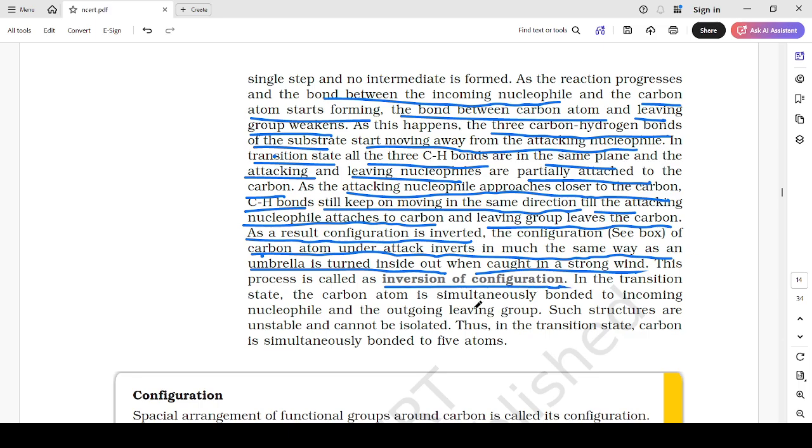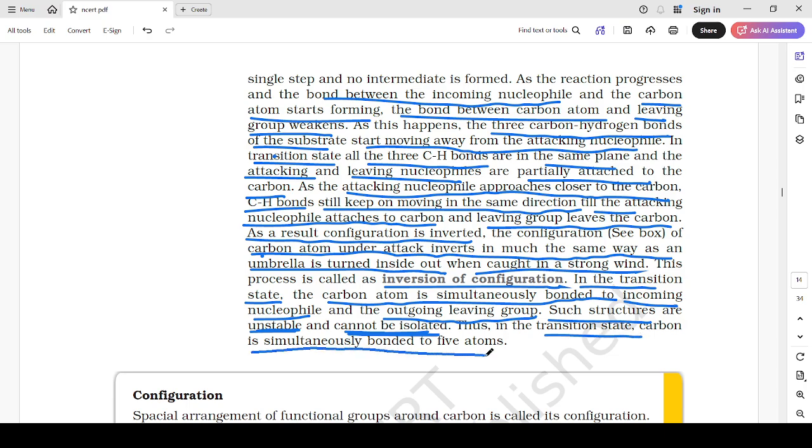In the transition state, the carbon atom is simultaneously bonded to the incoming nucleophile and the outgoing leaving group. Such structures are unstable and cannot be isolated. Thus, in the transition state, carbon is simultaneously bonded to 5 atoms here, and that's the reason we call it trigonal bipyramidal. Understood?